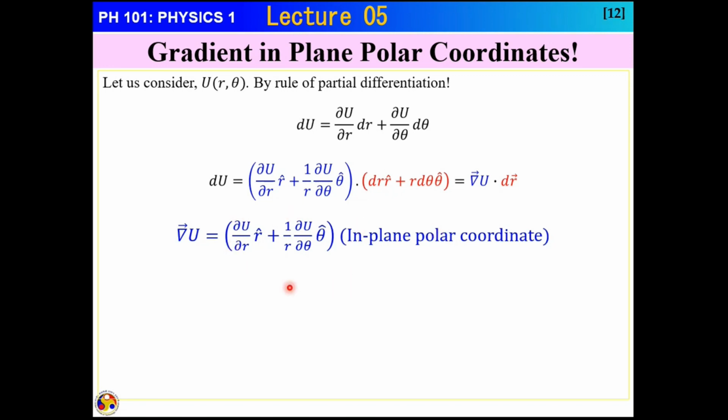Okay, that's how it is written. So what is the gradient? Here there are two orthogonal unit vectors, r cap and theta cap, similar to x cap and y cap. So it is the rate of change of the potential energy when we are moving along r direction, and the rate of change of the potential energy when we are moving along theta direction.